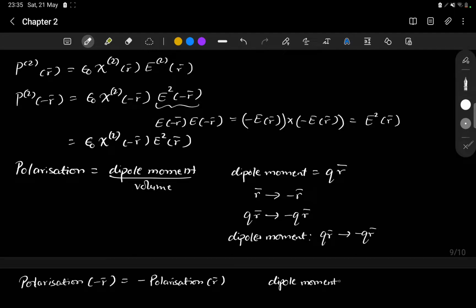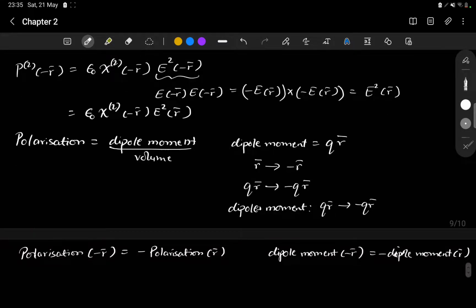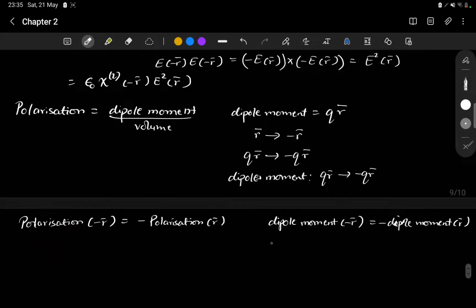Dipole moment at minus R is equal to minus of dipole moment at R. So since polarization changes sign, polarization is also not inversion symmetric. So because of this, we will get the following.